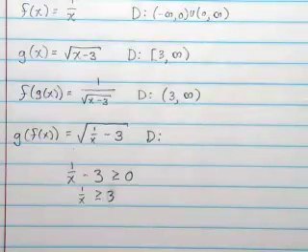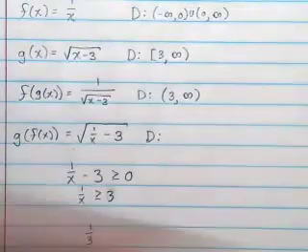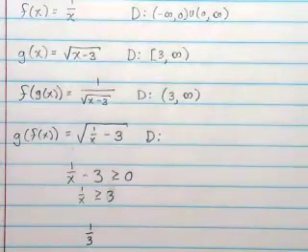So let's start with this. What makes it equal to 3? What value of x makes this thing equal to 3? 1/3. Okay, so something's going on with 1/3. So it's either got to be greater than 1/3 or less than 1/3. So if I start picking numbers that are bigger than 1/3, like 1, does 1 work?